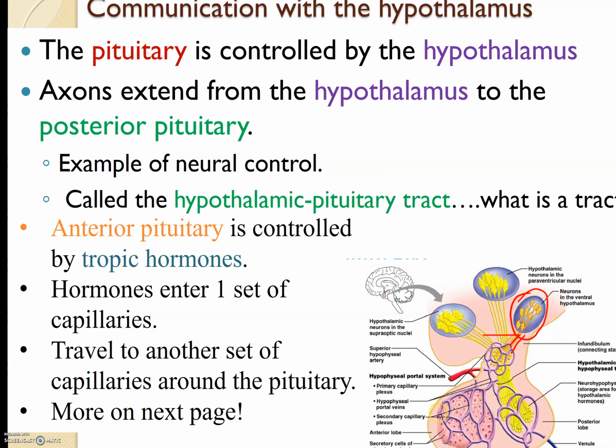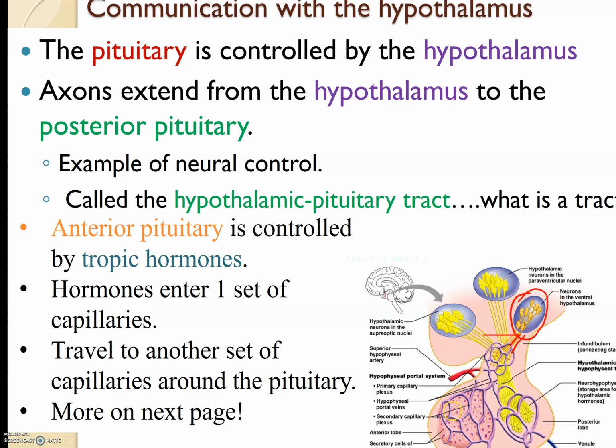And they are going to go and tell the anterior pituitary what to do. So you have the hypothalamic pituitary tract going down the infundibulum to control the posterior pituitary. Then you have these tropic hormones also released by the hypothalamus, and they'll control the anterior pituitary.